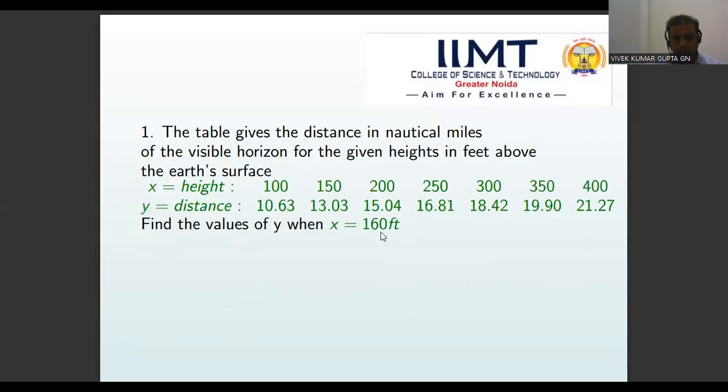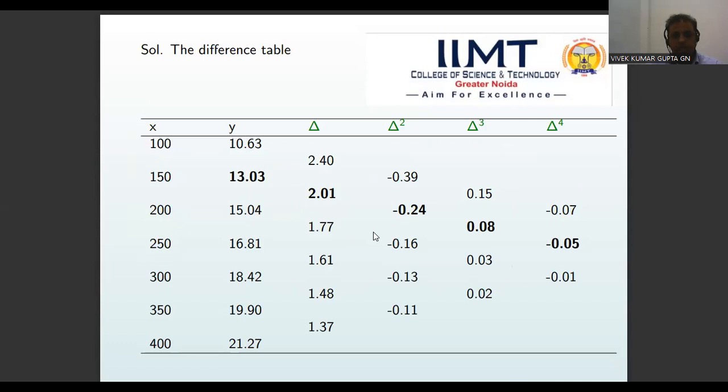For applying the Newton forward formula, we first have to create a difference table. Suppose the given data, we write in columns: x is 100, 150, and so on, and y is the distances. First, the difference operator applied on y: del y0 is given by y1 minus y0. So 13.03 minus 10.63 will give 2.40. Then del y1 is given by 15.04 minus 13.03, which is 2.01, and so on.